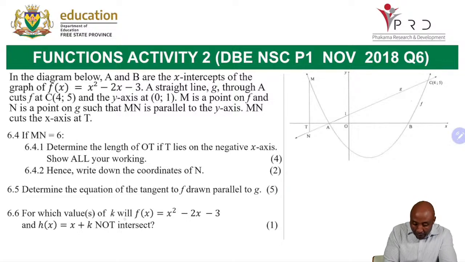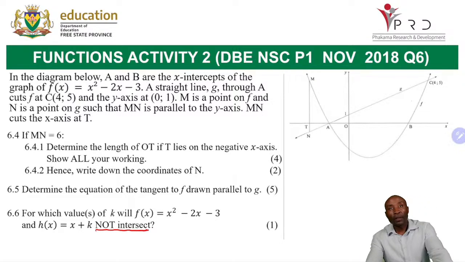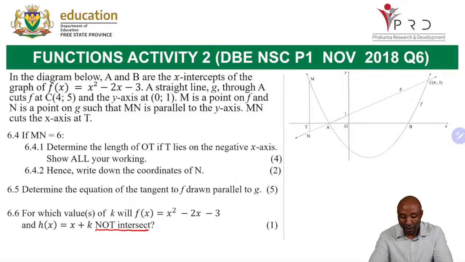For which values of k will f of x and h of x not intersect? Our nature of roots also comes into play, knowing what it means not to intersect. Let's quickly go over those questions together. I will be giving you the answers and explaining as we move along.